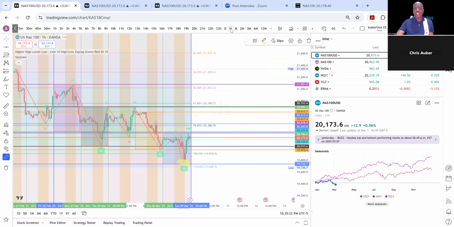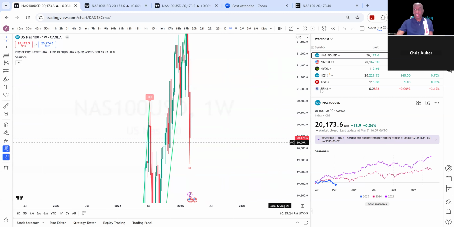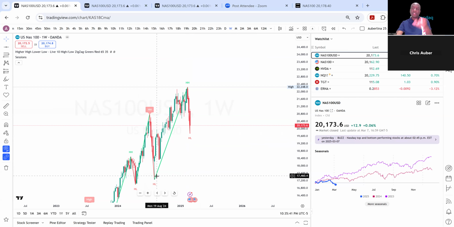So again, despite the fact that it pushed down even more this week, your weekly time frame has still registered only a higher low. And your last 2 points on your weekly have been higher high, higher low, which means the market is still making higher lows to higher highs.